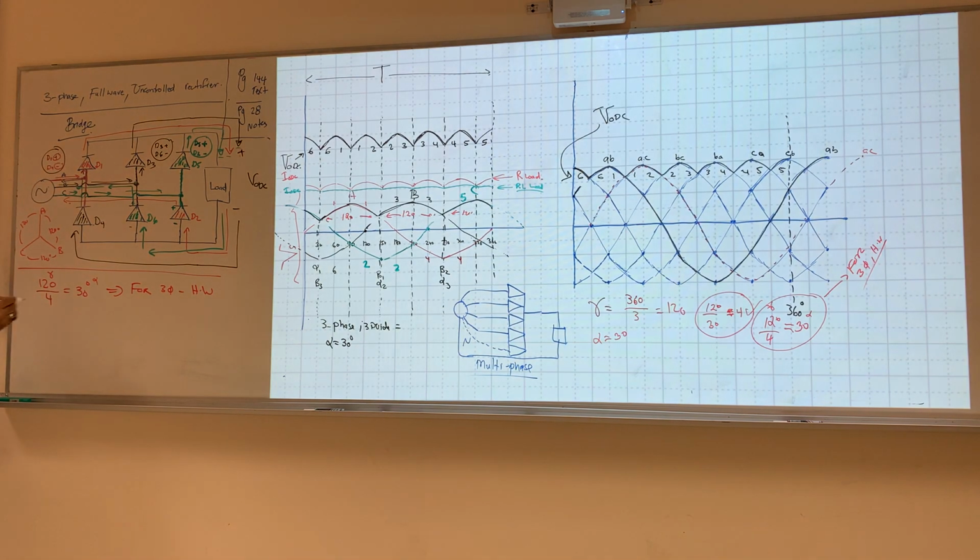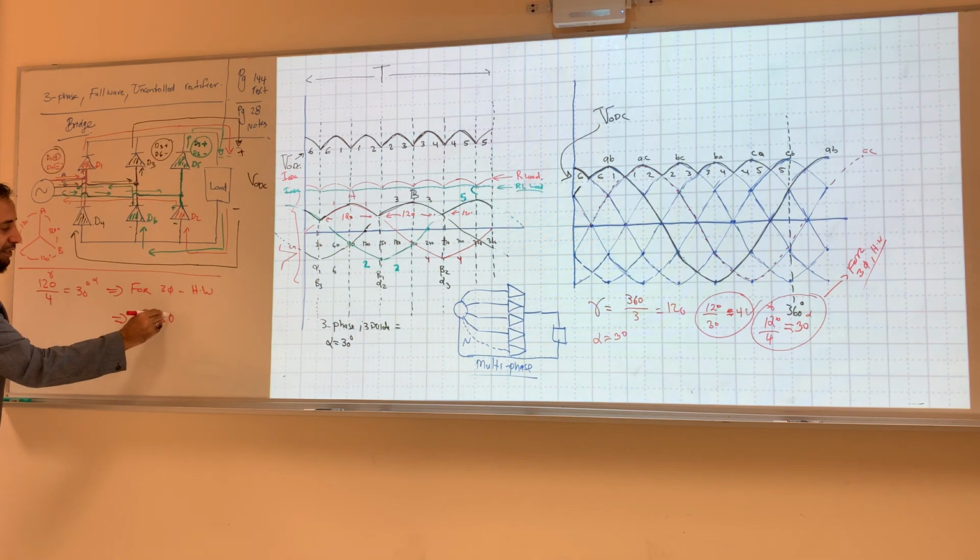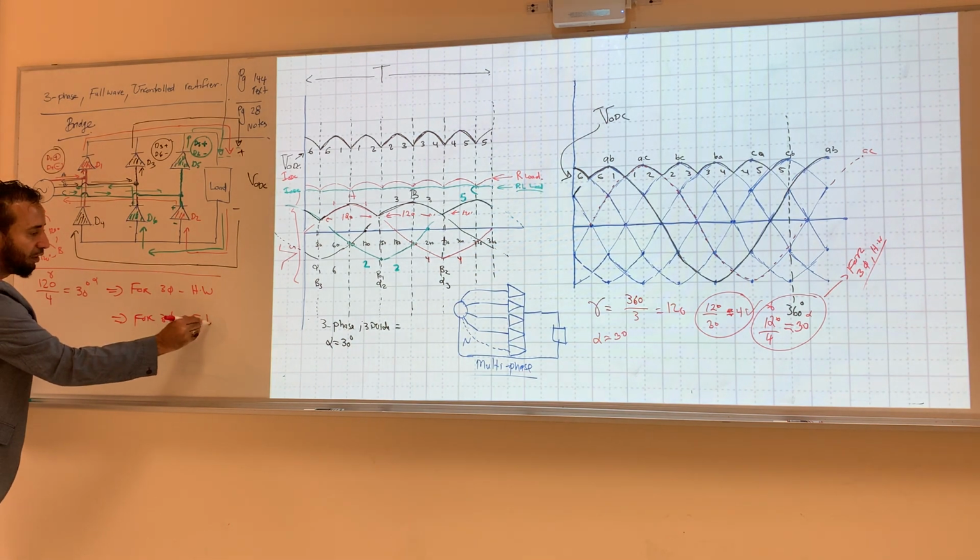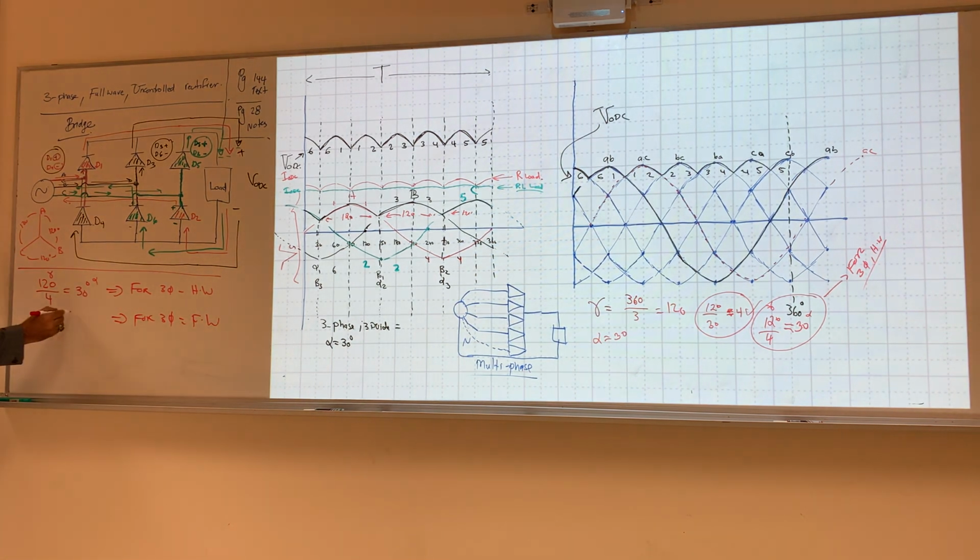Let's say that the case is for 3-phase full wave. What will be different now? I will have the same 4 right here, because this is fixed now, and this one is unknown. What will be my conduction angle now? 60 for the diode, right?